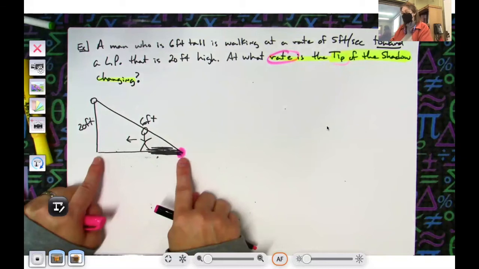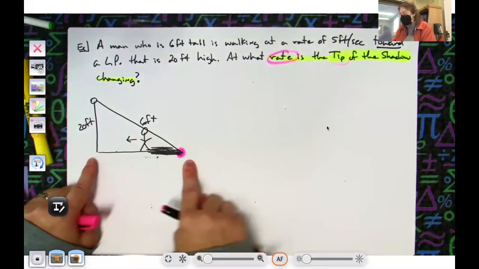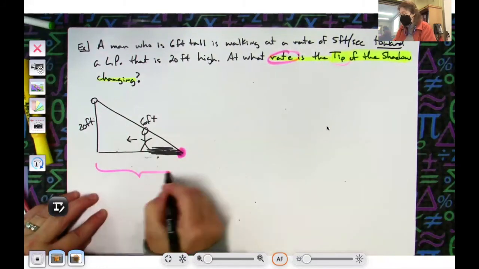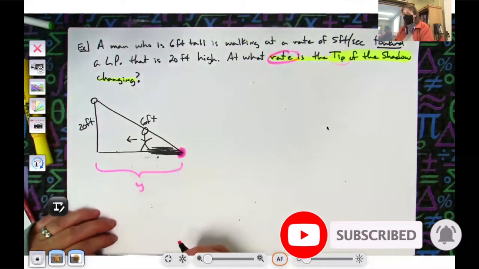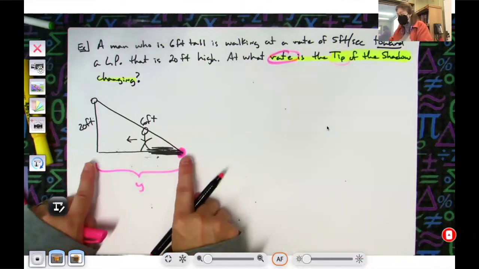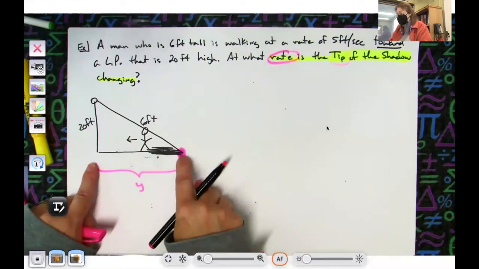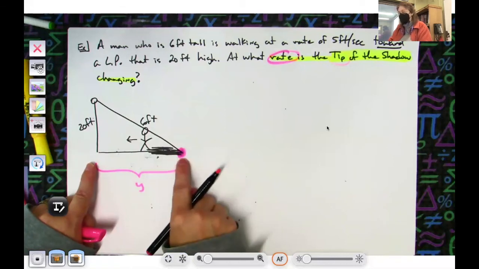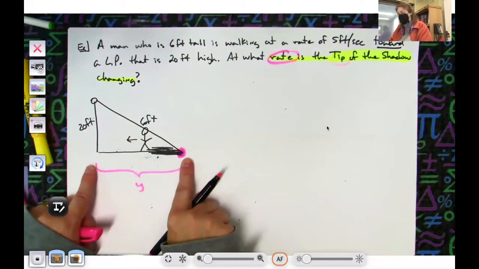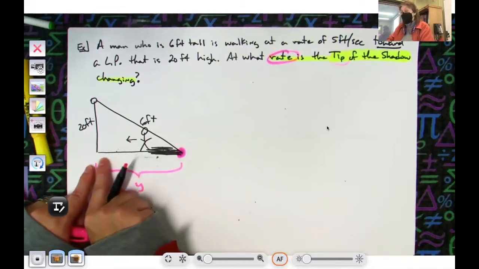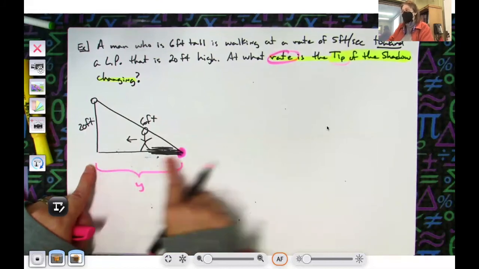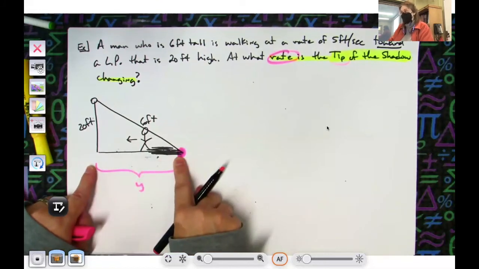So for a question that asks for the rate at which the tip of the shadow is changing, this distance right here, I could label whatever I want, x, y, whatever. Let's call it y. The rate at which this is changing is dy/dt. The rate at which the tip changes is in relationship to the base of that light pole, because as he walks towards it, that tip moves closer and closer. Once he gets to the light pole, it's that full distance for the tip of the shadow.